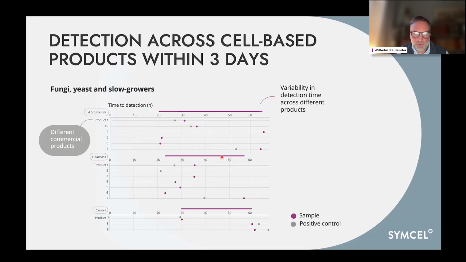However, for both of these organisms, it's not affecting the time to detection for the whole assay. So time to negative still remains below 72 hours, even though we're testing a lot of different products at a lot of different setups, both when it comes to the matrix, cryopreservant, and also the amount of cells in the sample, for instance.